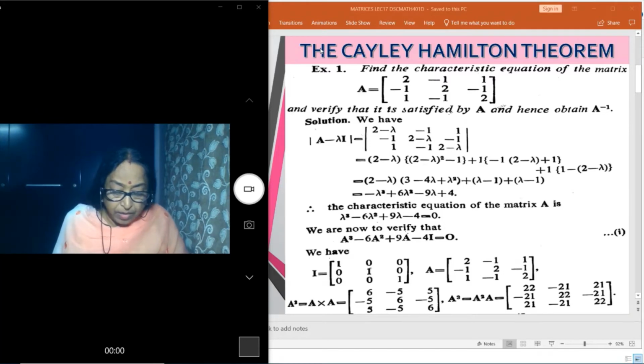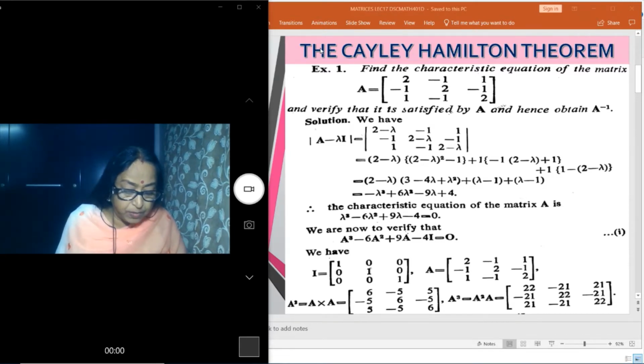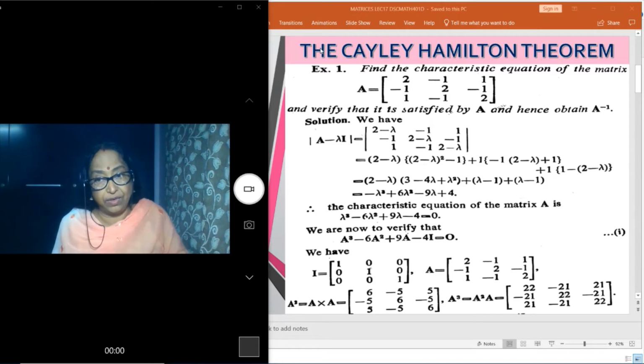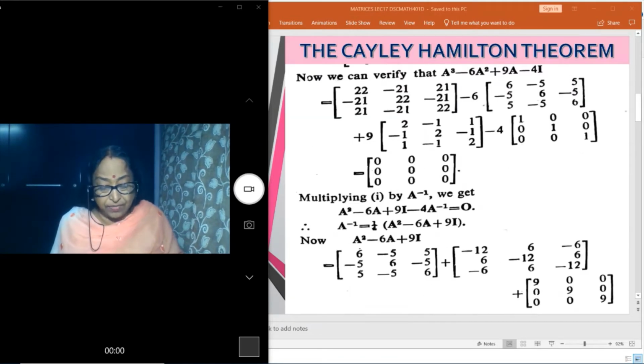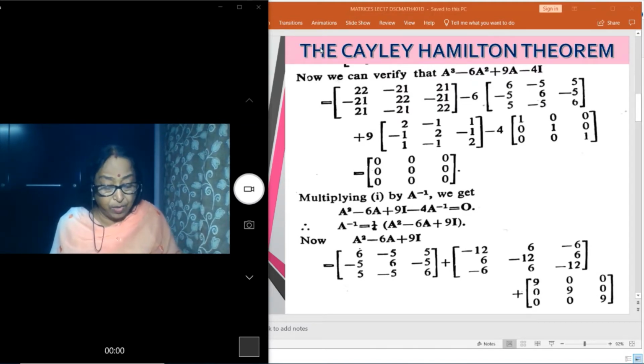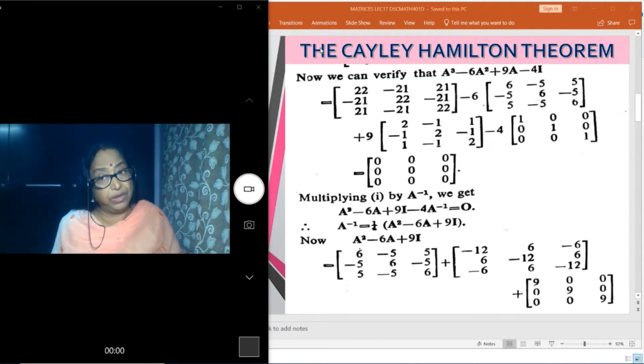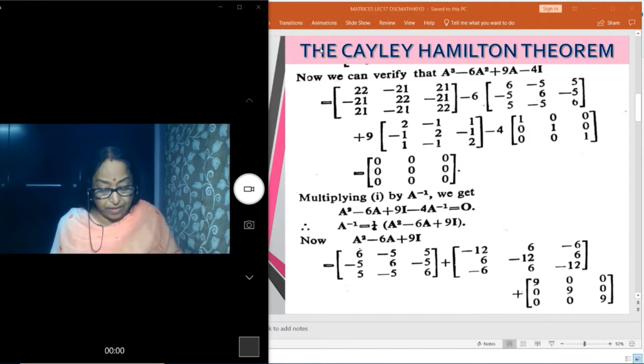Now put the value of A cube, then 6A square plus 9A minus 4I. After calculation, you can see that its value becomes a zero matrix. So the Cayley-Hamilton theorem is satisfied here.